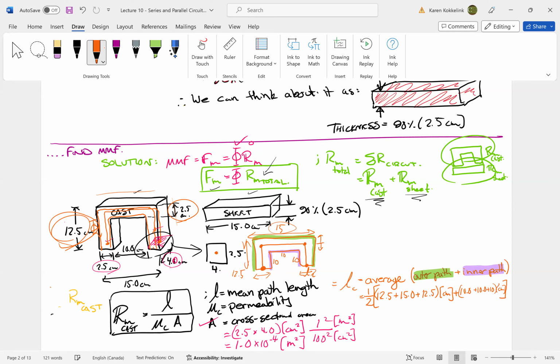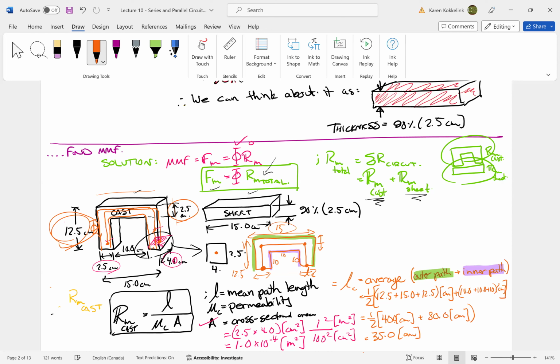centimeters. Good. So that is going to be 1/2 of, if we crunch those numbers, 40 centimeters plus 30 centimeters, equals, so 1/2 of 40 plus 30 is going to be 35 centimeters.